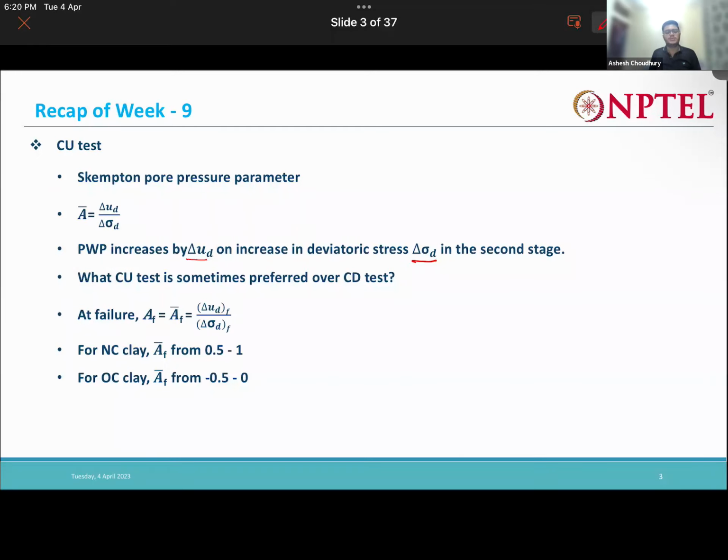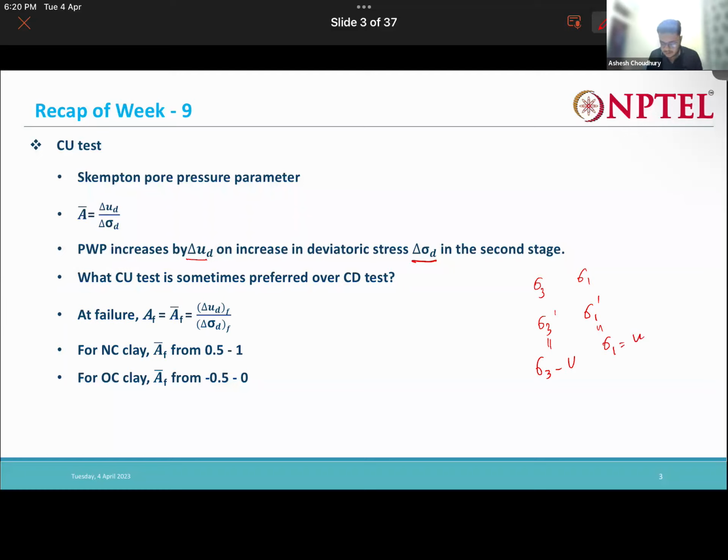So in the CU test, we will get both the total stress parameters and also the effective stress parameters, right? These effective parameters are nothing but the total stress parameters minus the pore water pressures.